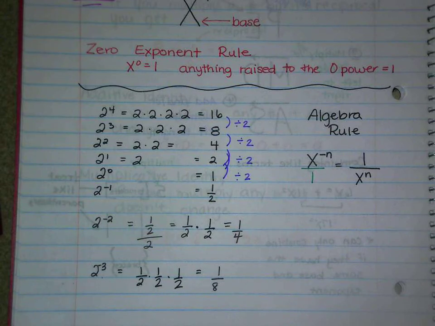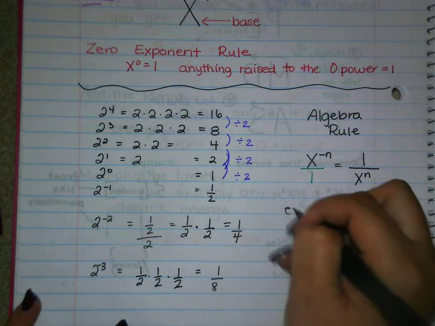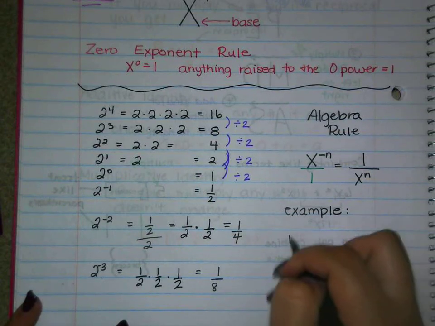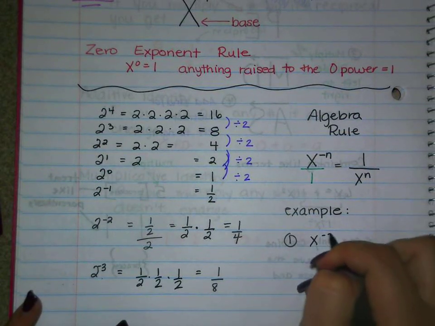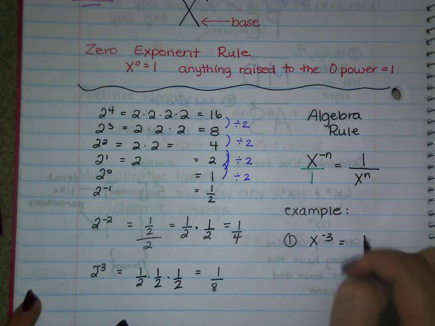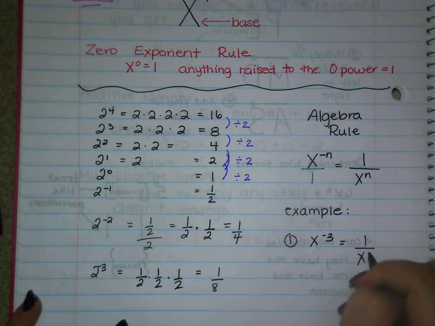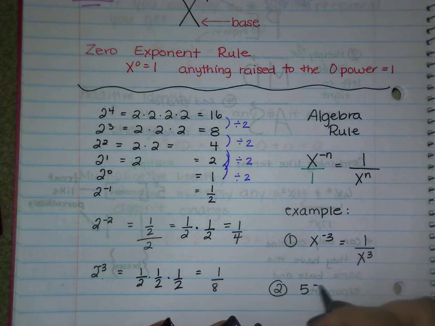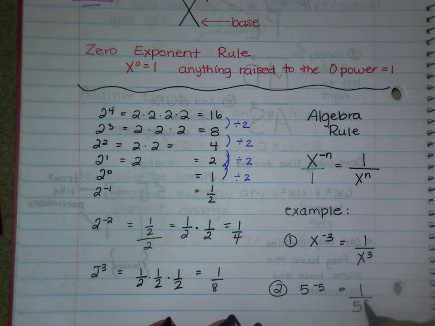So then if we look at, say, x to the negative third power, we're just going to flip it down and say 1 over x to the third power. Or if we have 5 to the negative fifth power, that is going to equal 1 over 5 to the fifth power.